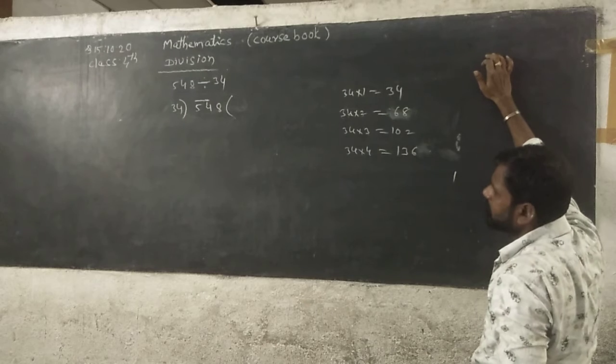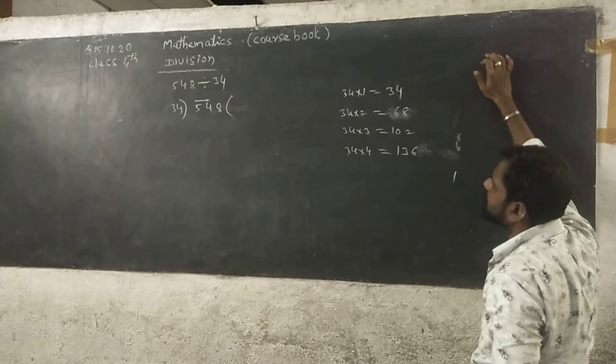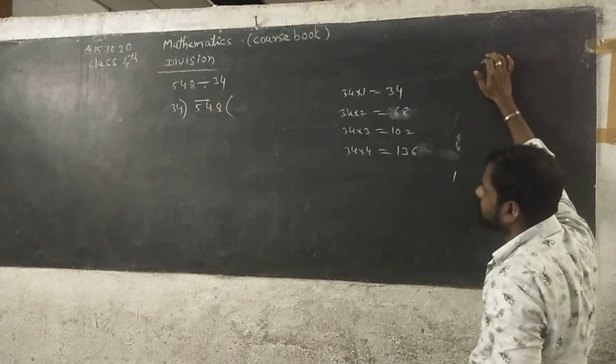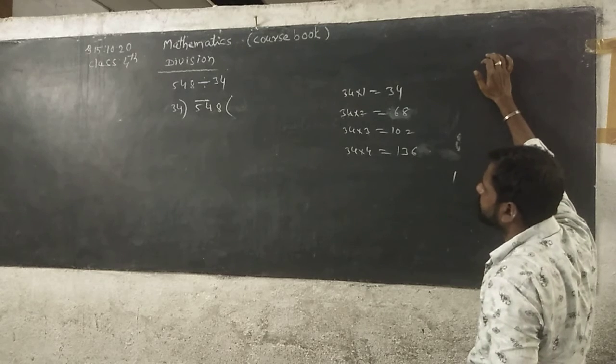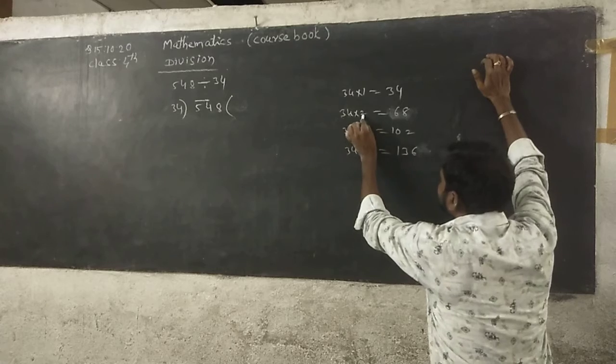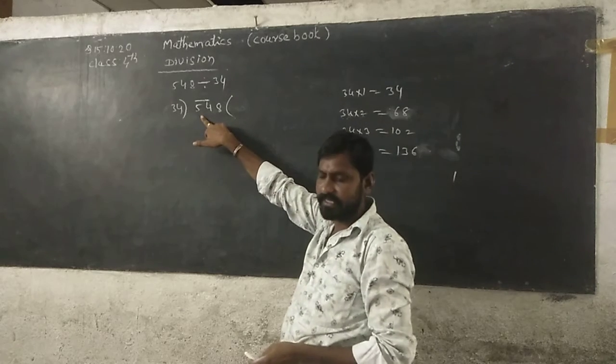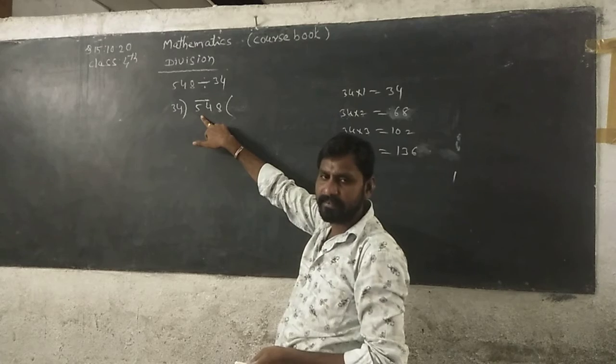See here, where is it possible? 34 ones are 34, 34 twos are 68. 68 is greater than 54.